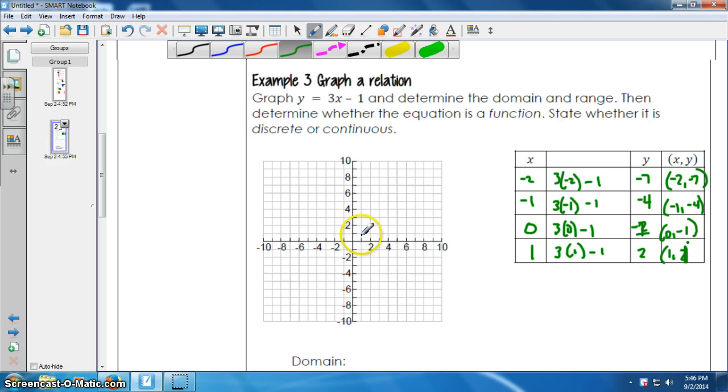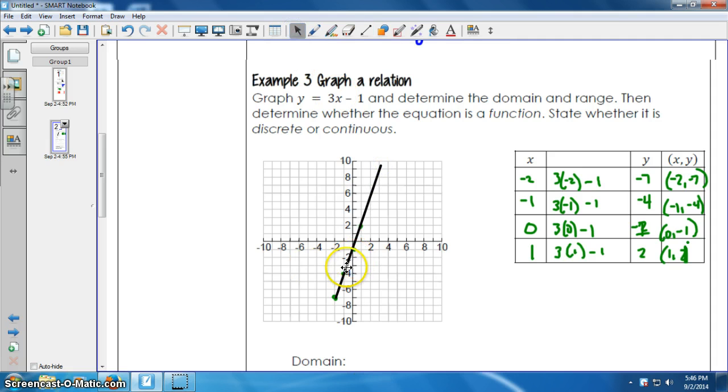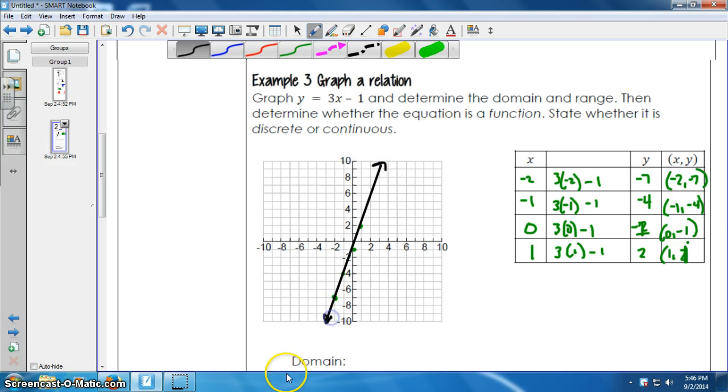So if we have -2, -7, -1, -4, 0, -1, and 1, 2. And it's going to continue because every value we plug in for x is going to give us that specific output, and it's going to continue on in every direction, because this is an equation for a line.